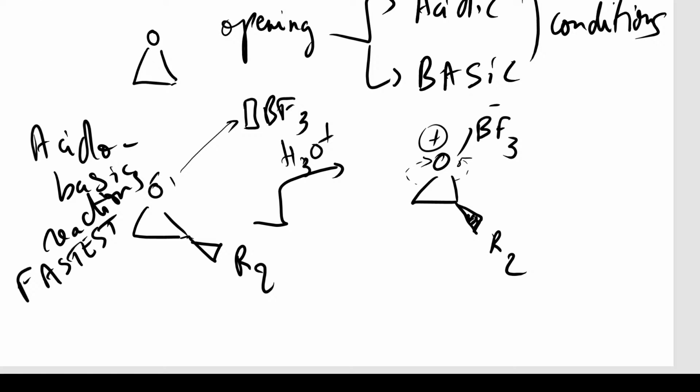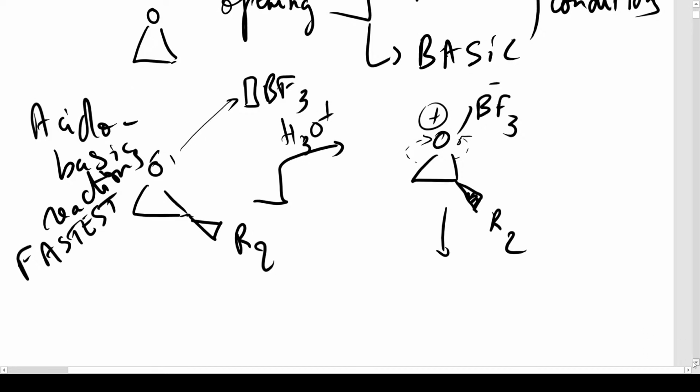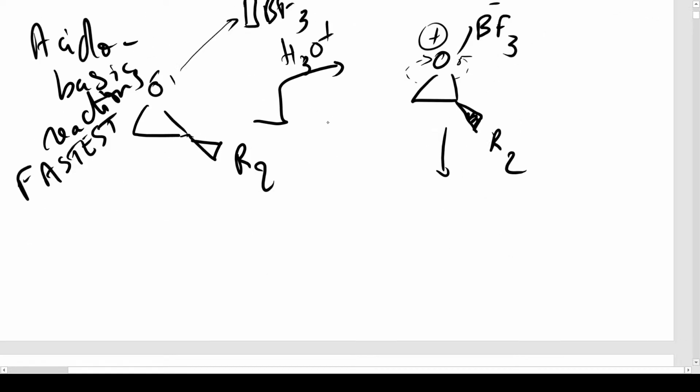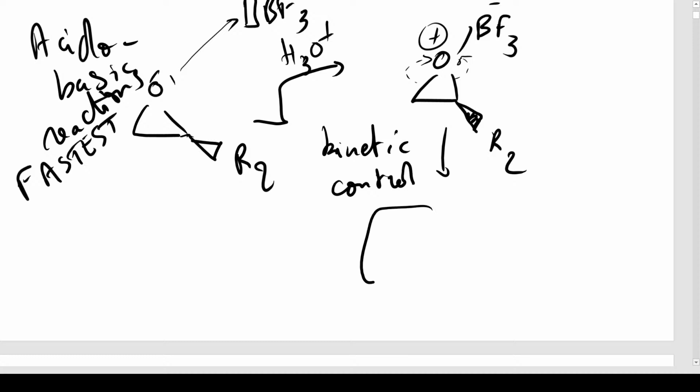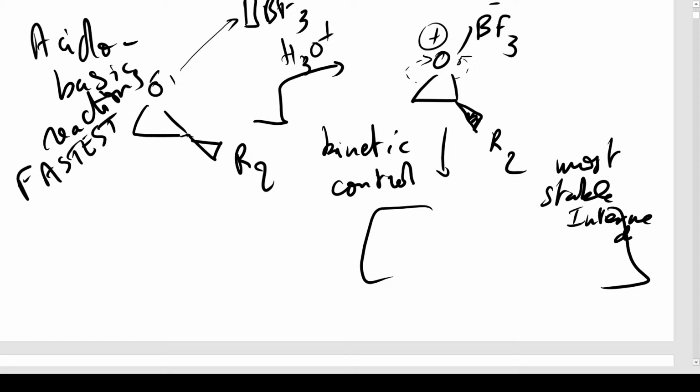So you have to keep in mind that it is under kinetic control. That means you form the most stable intermediate. The most stable one is the one with the most substituents.